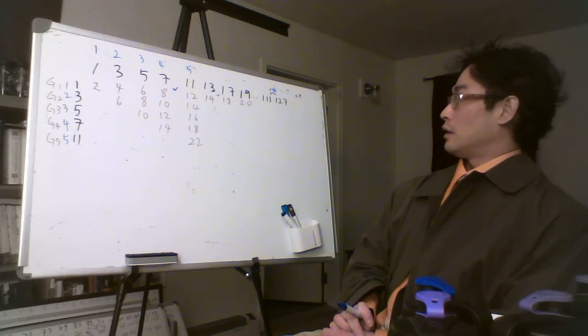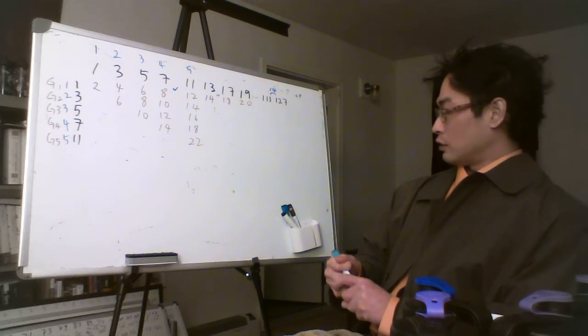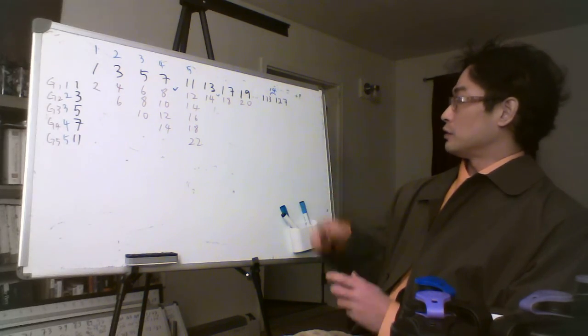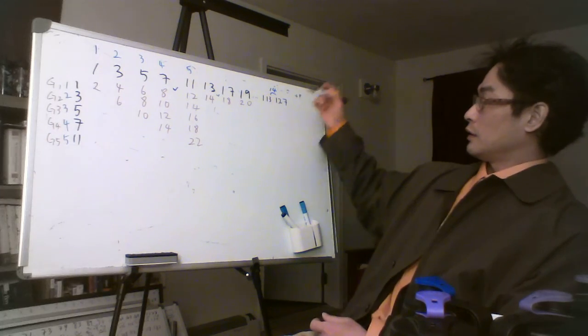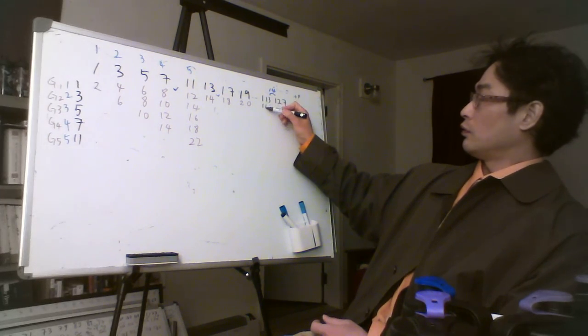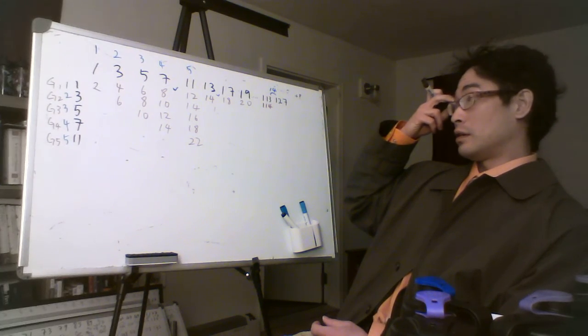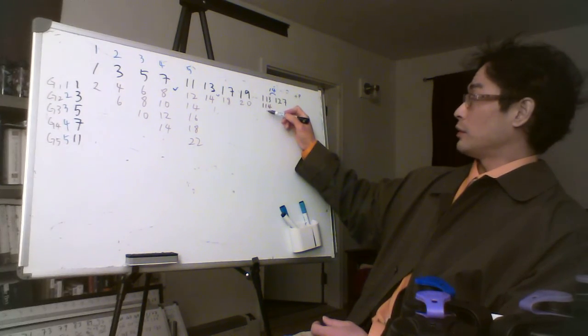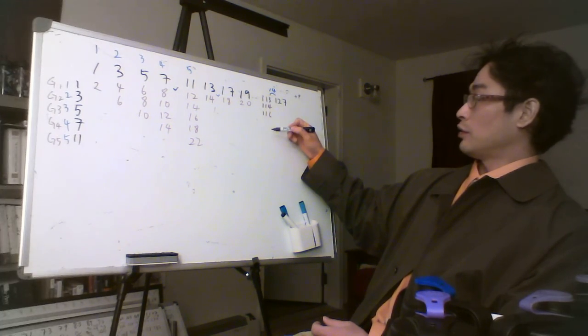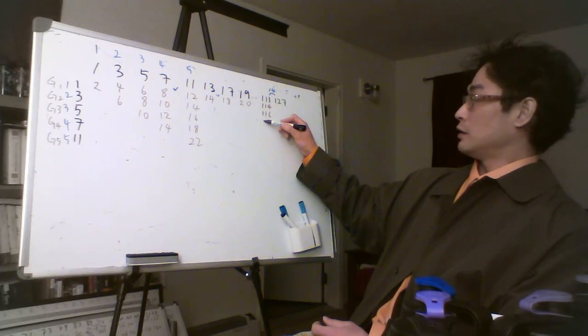So let's go ahead and construct Goldbach numbers out of these two primes. Okay. You add one, so 114, and then you add 2 from here, so 116. Add 2 from here again, so 118.